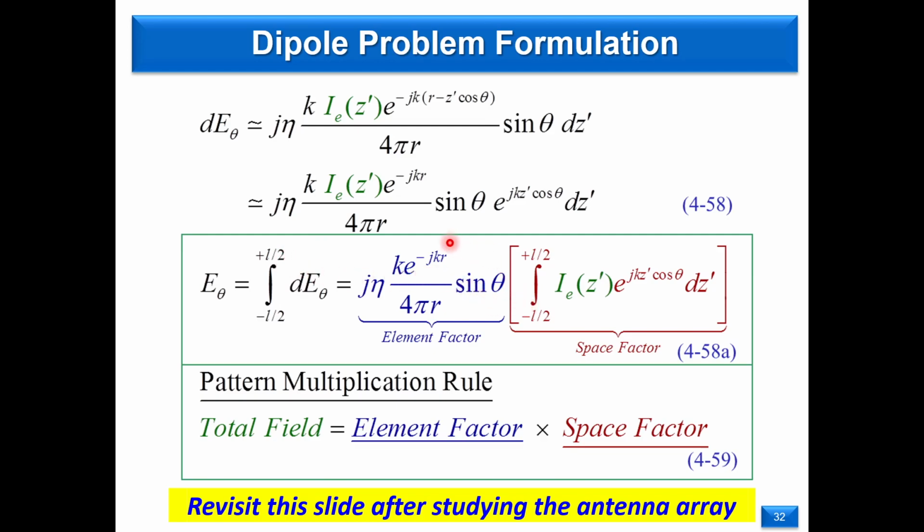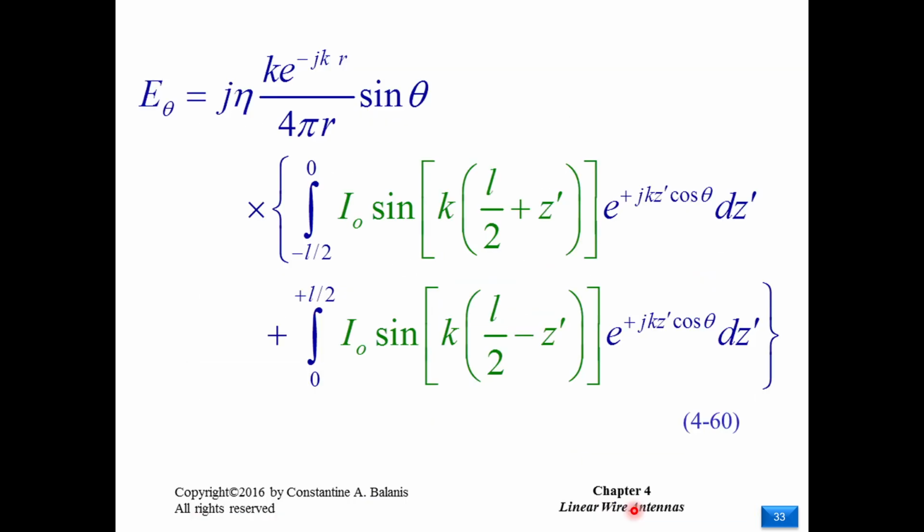We can take this term, it's called the element factor, and when we study antenna arrays, we'll know the benefit of having this terminology. But now let us just go on. When we study the antenna array, please come back to this one, and it will make better sense for you.